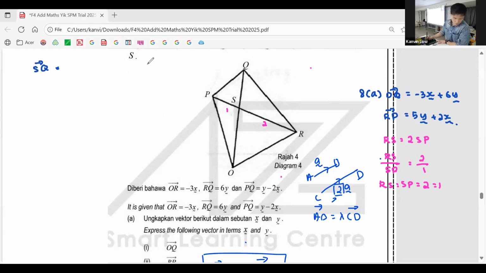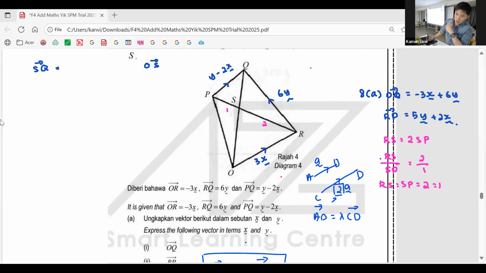After that we have OS. Okay, so OQ is equals to negative 3x plus 6y. OR is 3x. RQ is 6y. PQ is y minus 2x. Okay, cool.